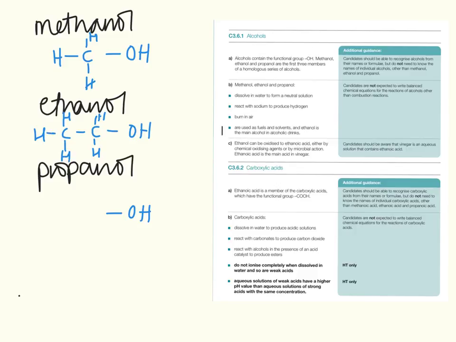Leave yourself enough room. 2 carbons. Propanol, because it's prop, it's 3 carbons. Each carbon must have 4 bonds, remember. So have a look at yours. How many did you get right? Probably yours look loads better than mine, so well done.